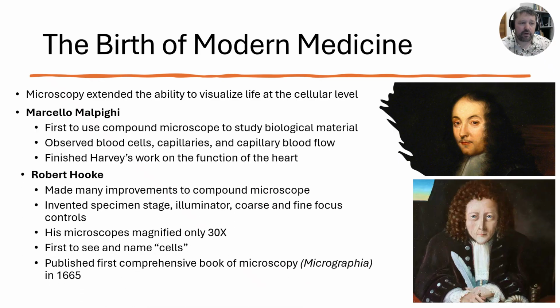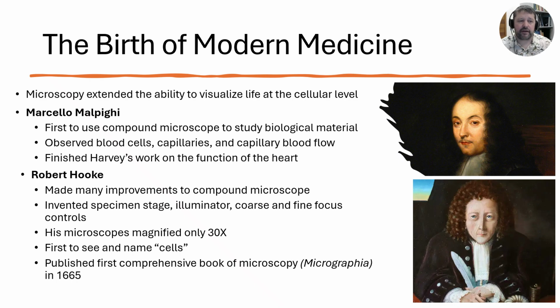Robert Hooke's role was really in developing microscopes. Some of you who have taken a beginning bio class have probably heard his name. He's the individual that came up with the name cells. He's considered the first person to ever see a cell, and that was a plant cell.